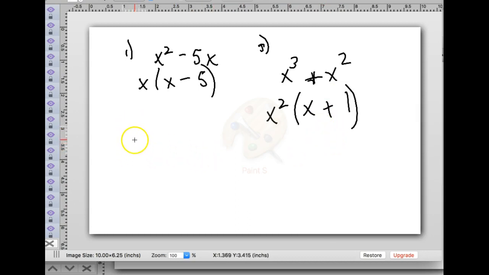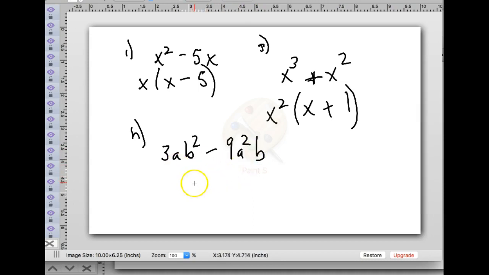Let's look at h. We have 3ab squared minus 9a squared b. What do they each have in common? I can see they have 3 in common, because that's a 3, and 9, 3 goes into 9. They have an a in common. This has 1 a, that has 2 a's, but I can pull out an a.